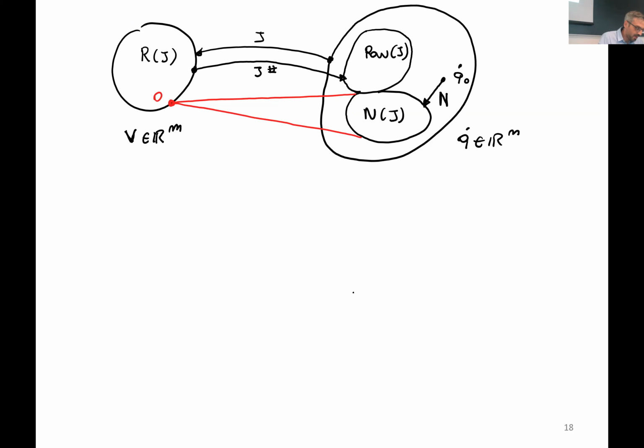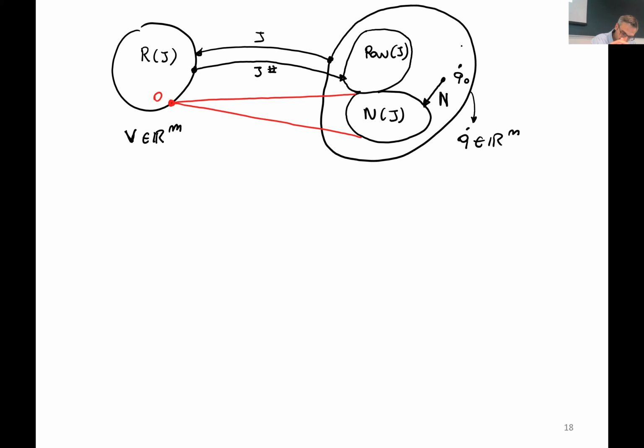And we see here where Q dot 0 is projected to. So Q dot 0, let's say, think about this is the domain. This is not really the best way to draw it, but I couldn't find a better one.